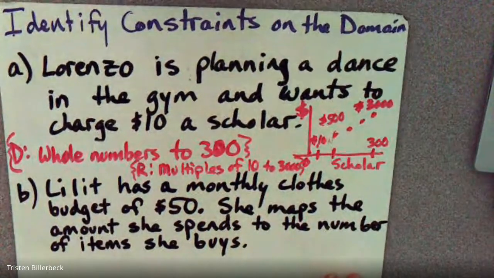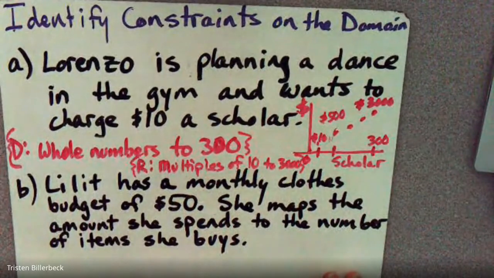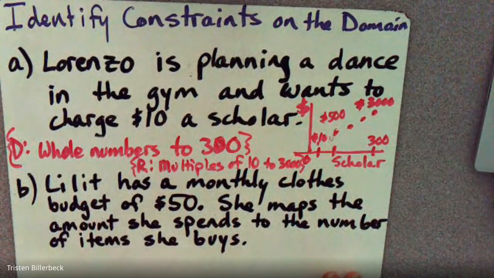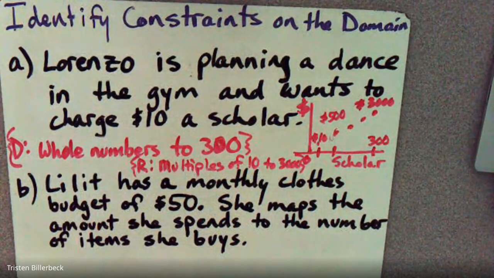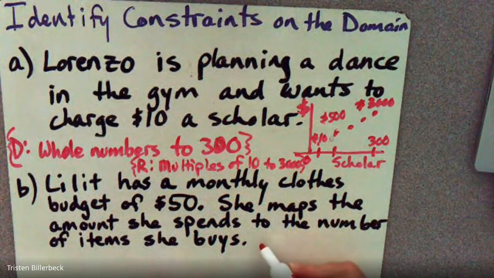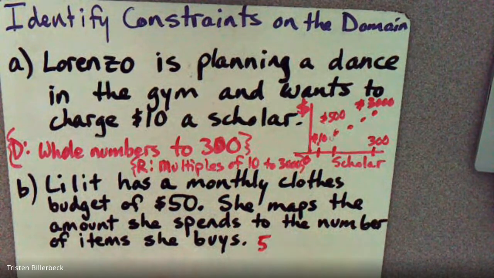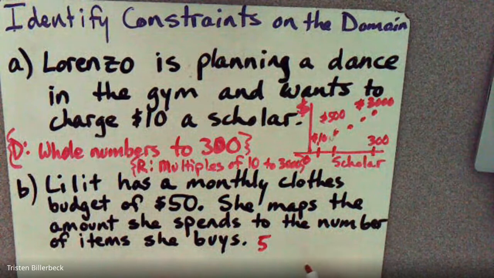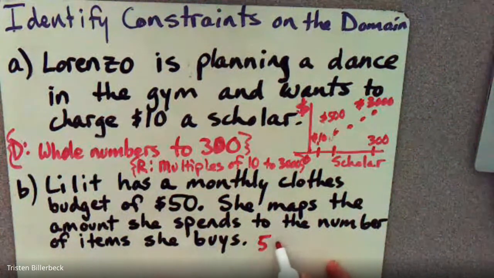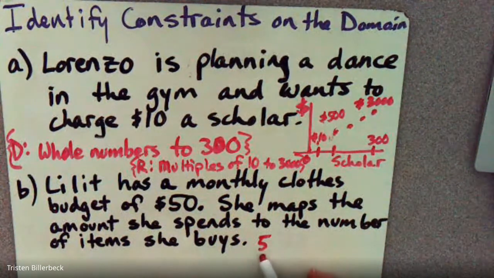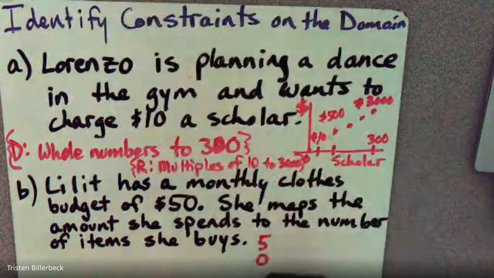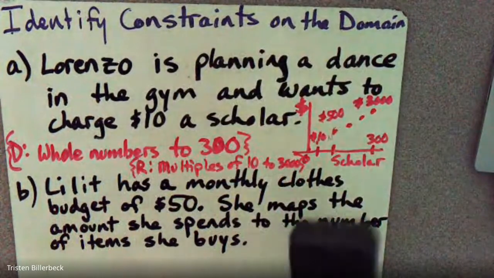Okay, so now we have Lalit has a monthly clothing budget of $50. She maps the amount she spends to the number of items she buys. So let's start with 0 items, because that's highly possible.